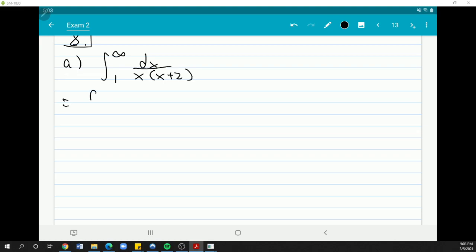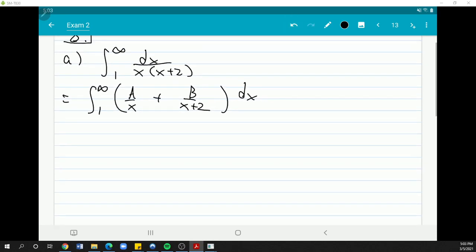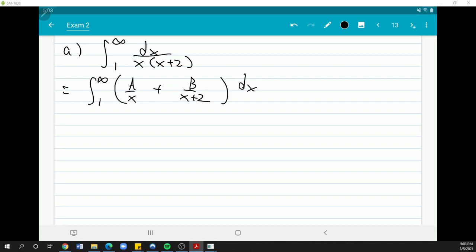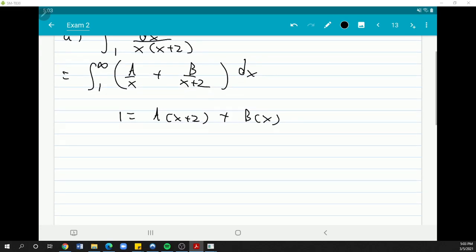So equals the integral from 1 to infinity of a over x plus b over x plus 2 dx. And now let's push forward a little bit, do this partial fractions pretty quickly. I get 1 is equal to a times x plus 2 plus b times x.